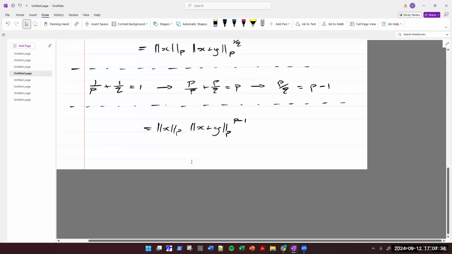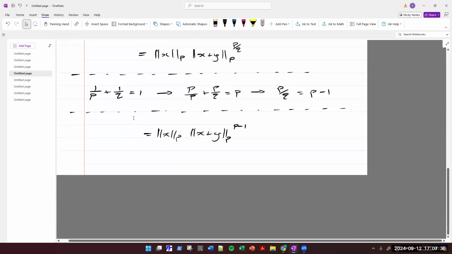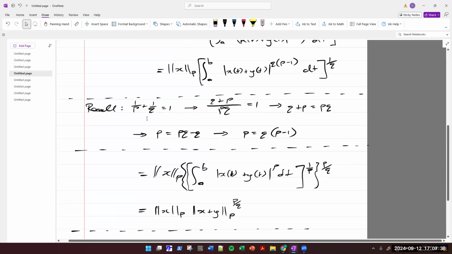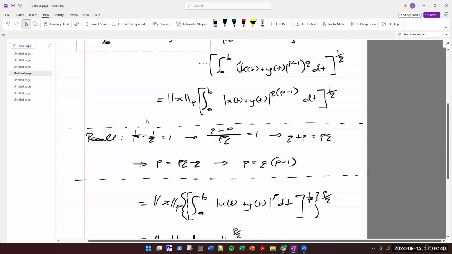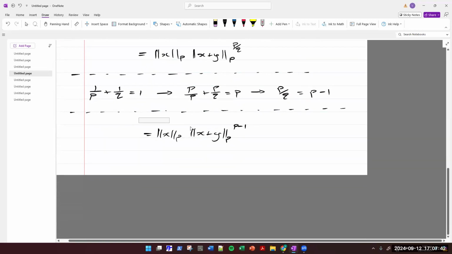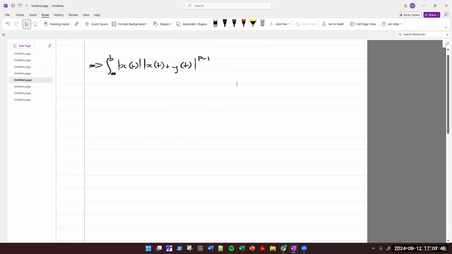And we just showed that that is less than or equal to this number. So this is what we just went through all that trouble for. So therefore, that thing was less than or equal to this.